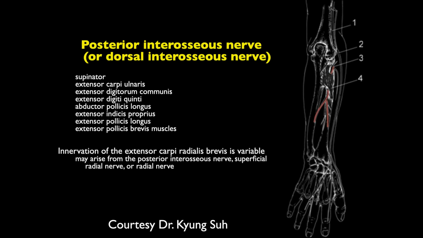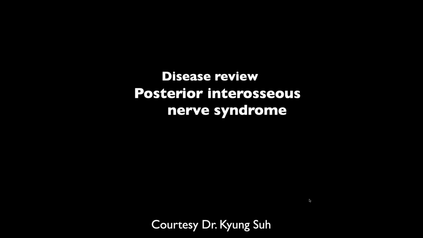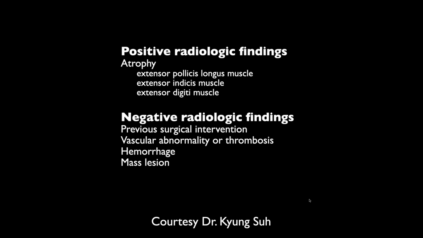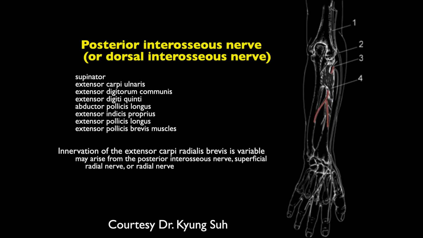So this patient, this is another posterior interosseous nerve syndrome involving a lot of muscles here. I guess this can occur, neuropathy from chemotherapy. That wouldn't be just a single nerve. Right. So I don't know where the surgery was. Was it the breast surgery, or are they talking about the nerve decompression? Breast surgery.